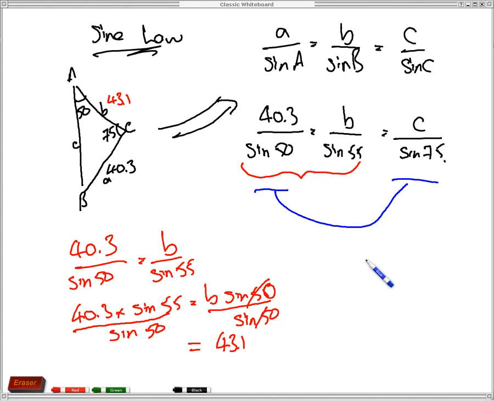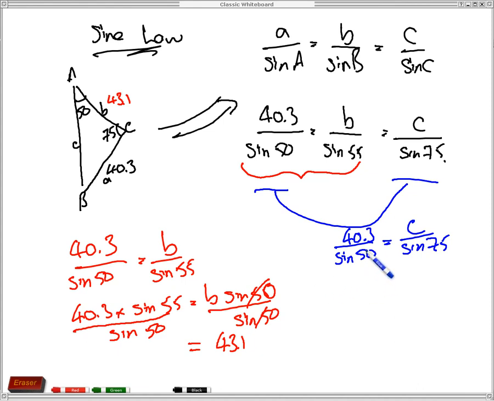Now let's do the last bit, and we'll start off again with 40.3 over sine 50 equals C over sine 75.